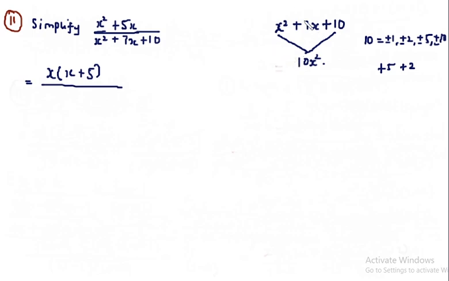So I can rewrite this expression as x squared plus 5x plus 2x plus 10. So for me, I can factorize. I pick these two terms together, starting from the plus sign here.